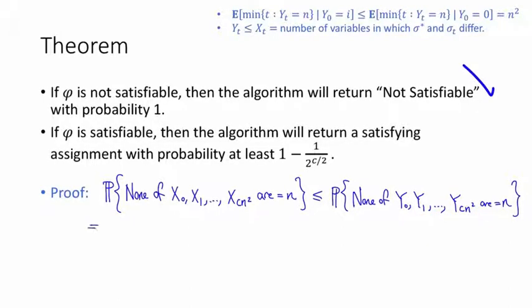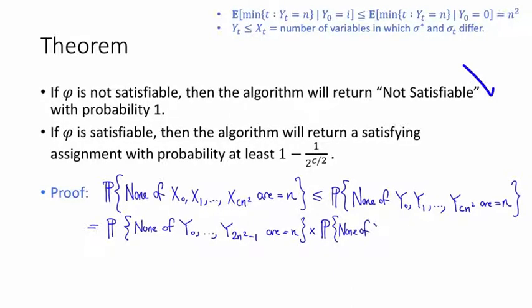Okay, but in any case, let's write this as the probability that none of y naught up to y 2n squared minus 1 are equal to n, times the probability that none of y 2n squared up to y 4n squared minus 1 are equal to n, conditioned on y sub 2n squared minus 1, times dot dot dot, and I'm going to keep on going, and there's going to be c over 2 factors in this product. So c over 2 terms live in those dot dot dots.